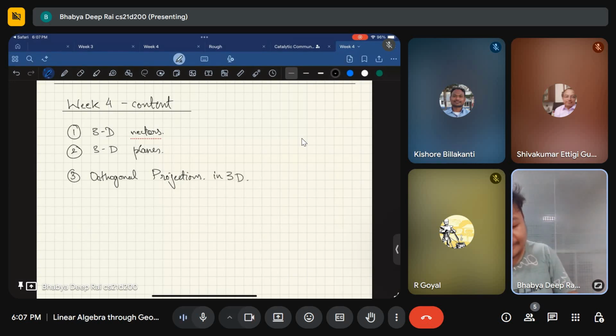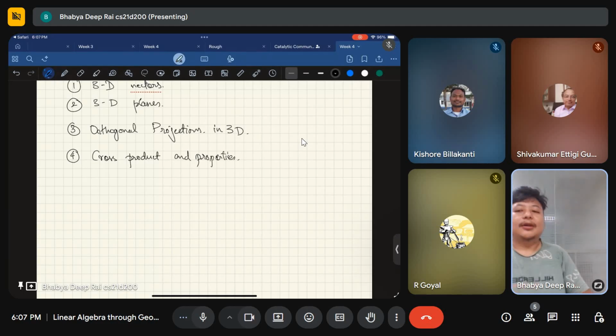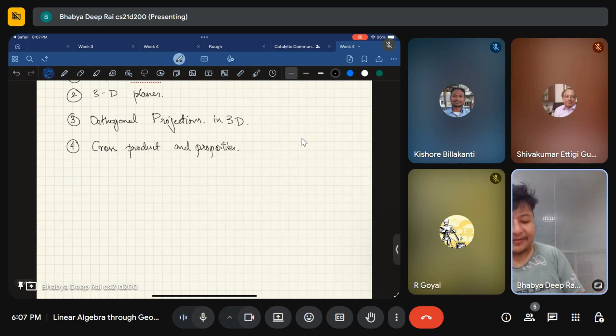There is another interesting thing now, that is the cross product and its properties. These are the things that are relevant right now. There was also a final section, a bit on lines in 3D, but it was just a bit and it is not the main focus of this week's content, so I won't be discussing it right now. Maybe next week we'll do it in detail.